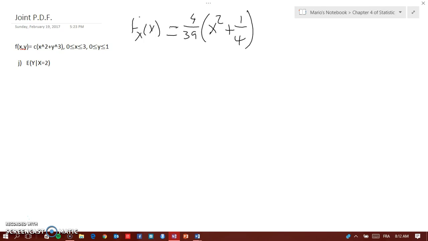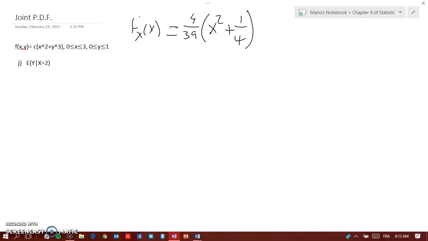So, the expected value of y given that x equals 2. Again, this is actually really simple, but if you guys do not understand, it's because you probably don't practice or you missed some part.